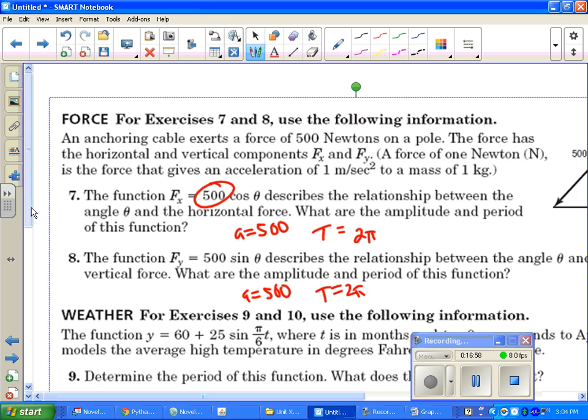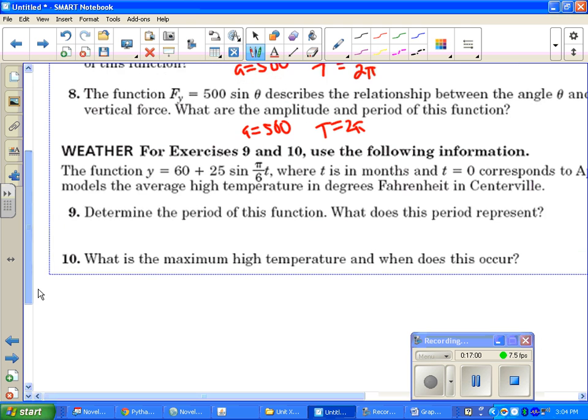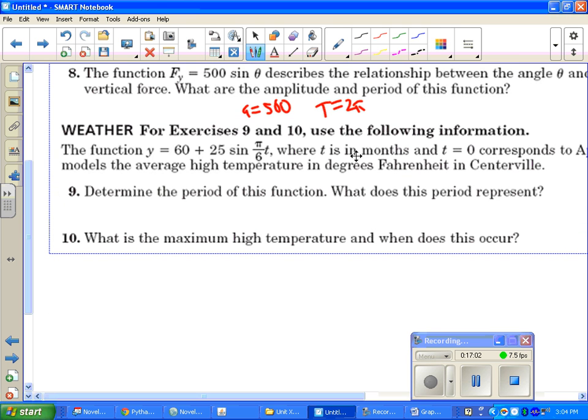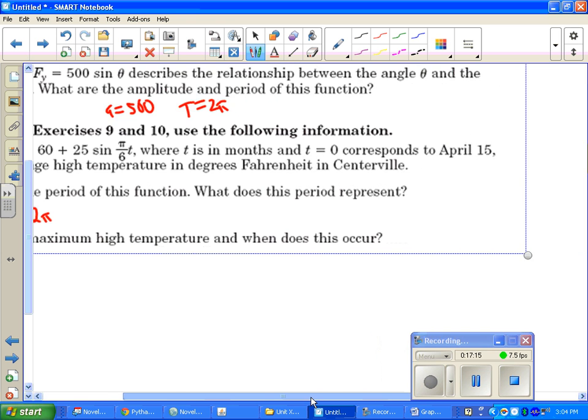Right now, if you look at this one, all right, we're supposed to determine the period. Well, the period for sine is normally 2 pi. Now, I believe they're actually doing, let me look at this one.